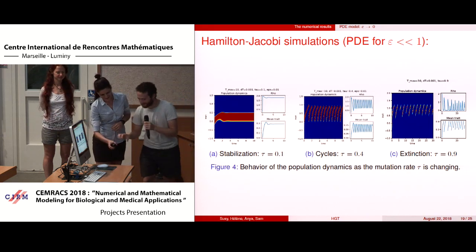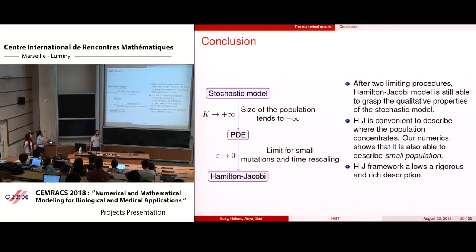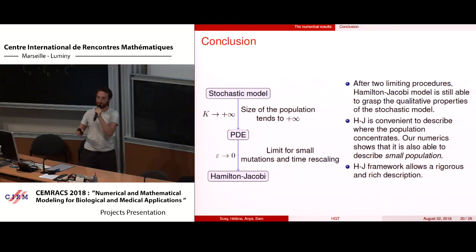Okay. Yeah, so just to sum up and conclude a little bit, what we've done is start from a stochastic model where we are able to see oscillation and perform two limiting procedures. First going to a PDE for large population, and then going to Hamilton-Jacobi for rescaling parameters that go to 0.